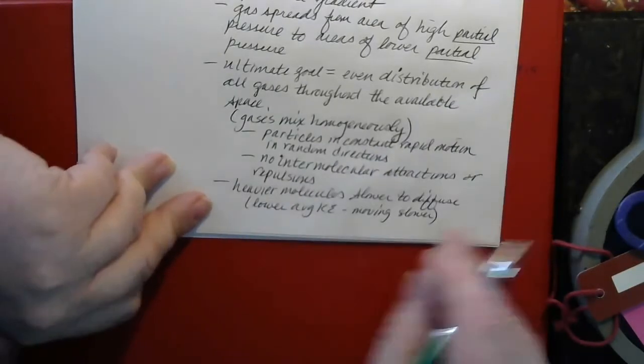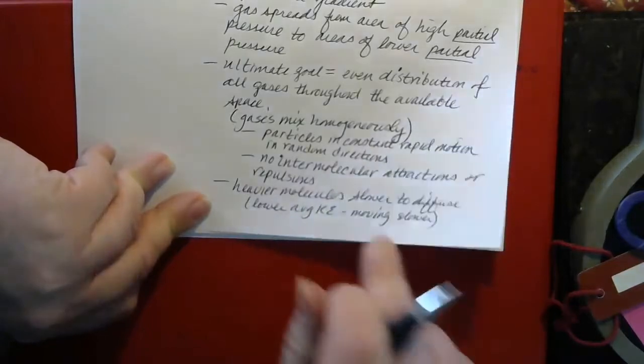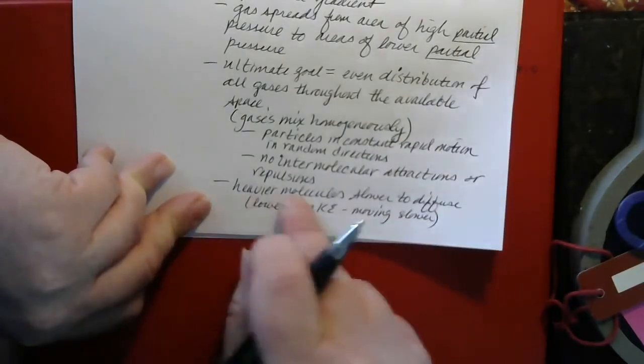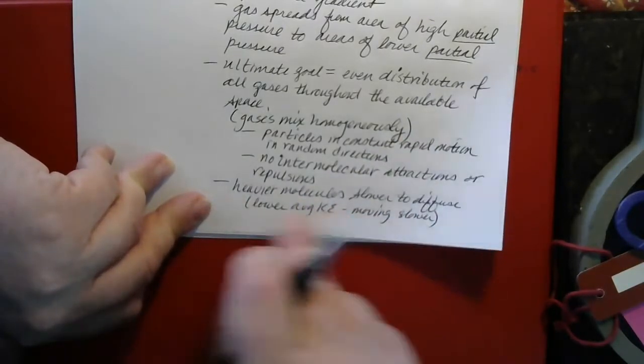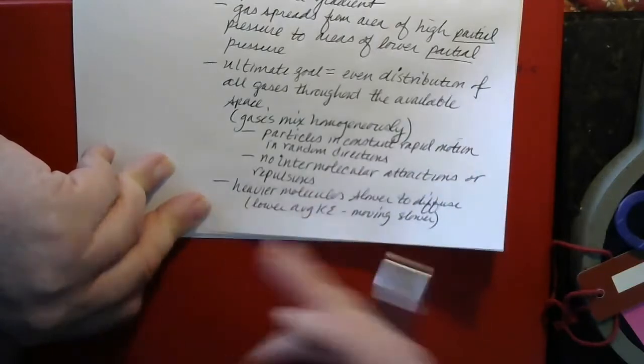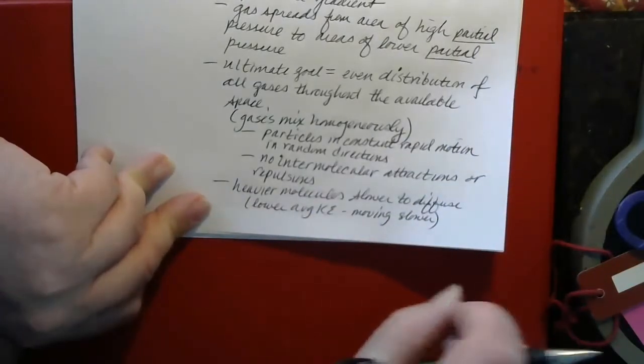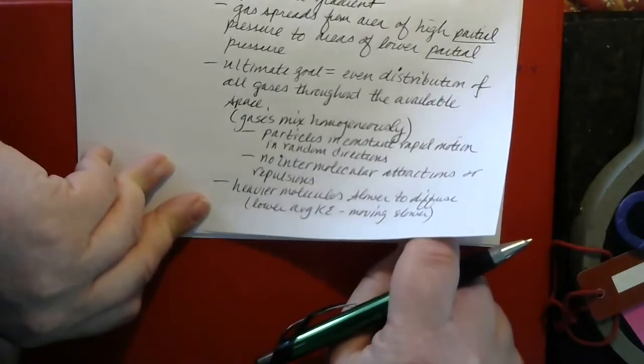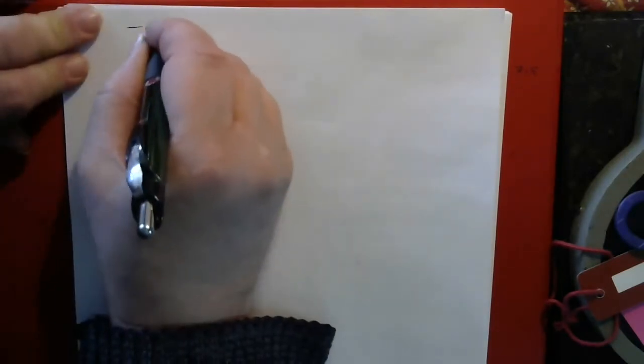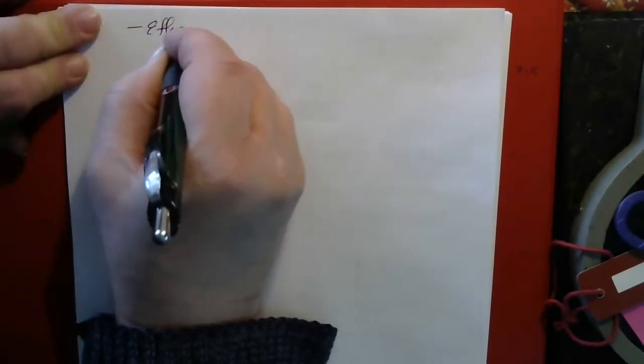So they have lower average kinetic energy, so they're going to be moving slower. Smaller particles will have higher average kinetic energies, and they'll be moving faster, and so they'll spread around more quickly. And there's also effusion, which is a related concept, but not exactly the same.